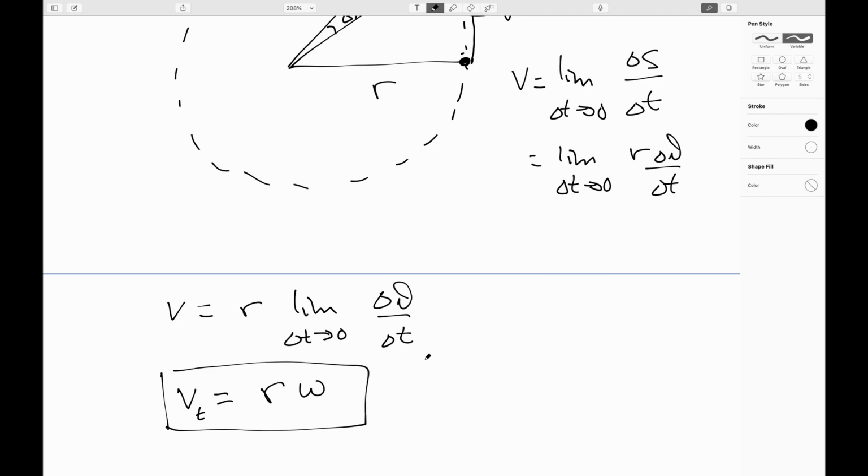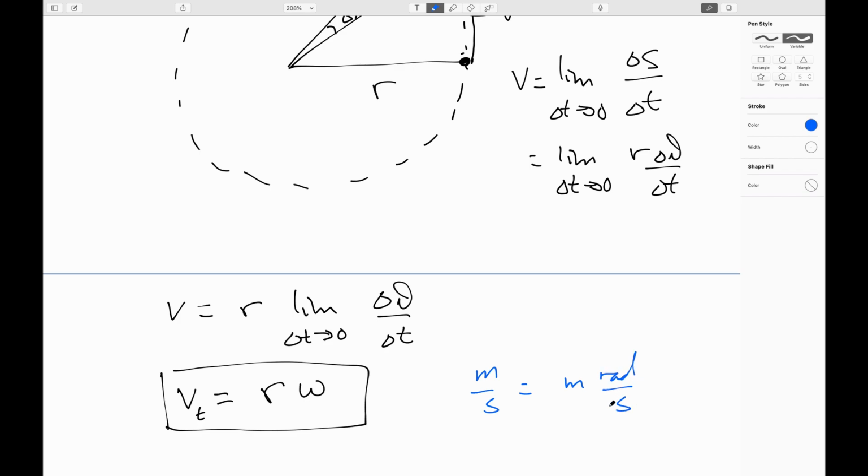Now let's go and check units here, just to make sure that we do indeed get a speed out of this. So our first question here is, okay, a speed has to have units of meters per second, right? So let's see, does it match what we've got here? This is meters. Then this is radians per second.